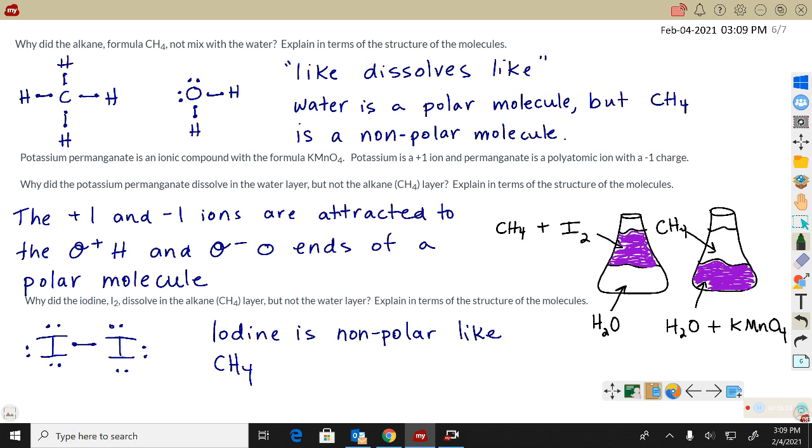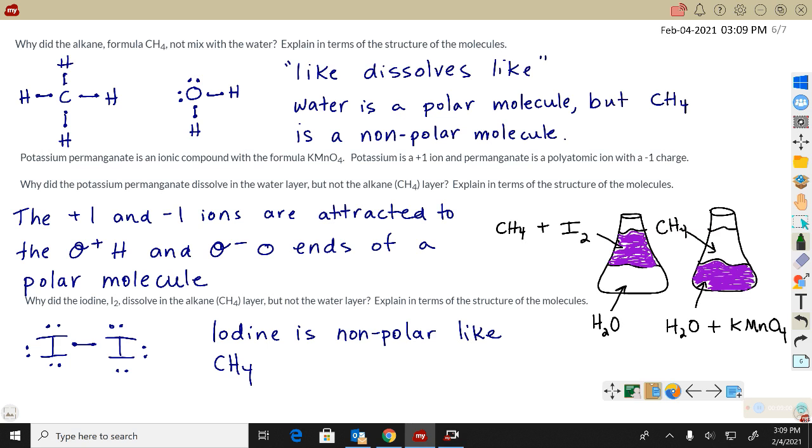And so the rule of solubility is like dissolves like. Since water is polar, it'll only mix with other polar molecules. So not something non-polar like the CH4. Now some people went into a little more detail, saying that because the water molecules are very attracted to each other with their hydrogen bonds, they're more attracted to each other than they would be attracted to something that's non-polar.